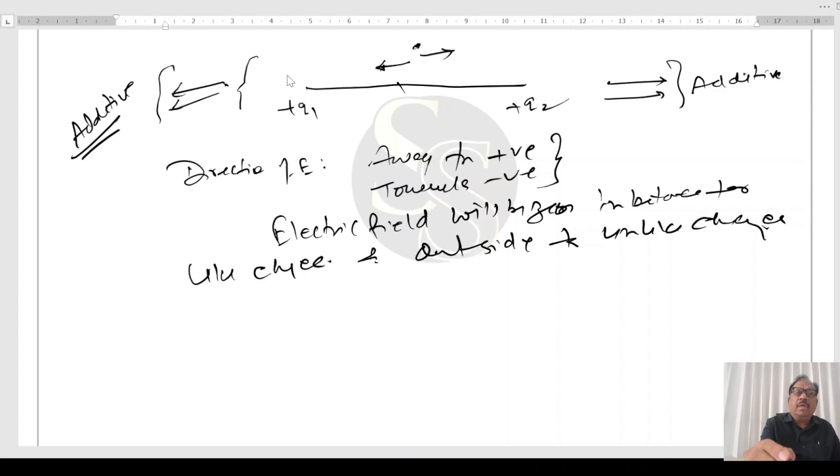Now let us say this point is A, this point is B, this is P point. This is distance x. Q1 is Q, Q2 is 3Q.